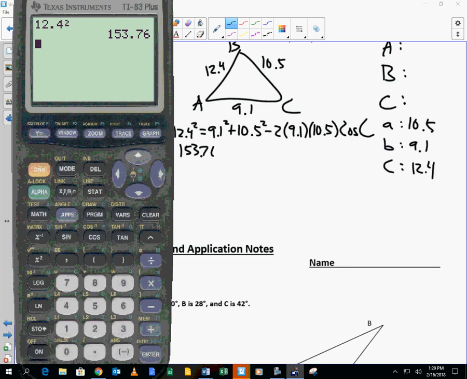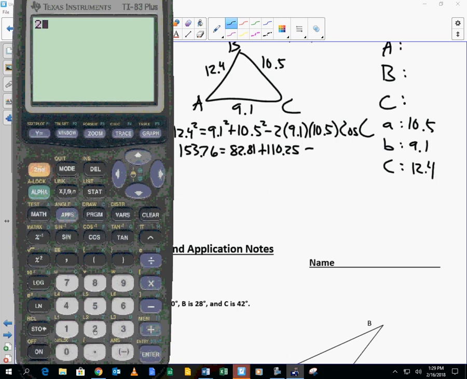12.4 squared, 153.76. 9.1 squared, 82.81. 10.5 squared, 110.25.